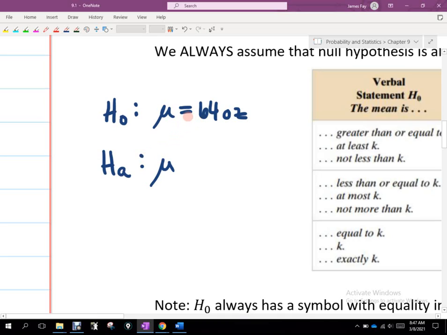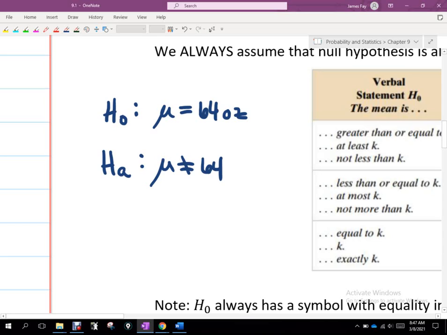If things are equal, what is the complete opposite of that? Not equal. So I would write my alternative hypothesis that way. That would establish the idea that the researcher is maybe arguing that the machine is malfunctioning, but doesn't know if it's going to be more than 64 or less than 64. Does that make sense?